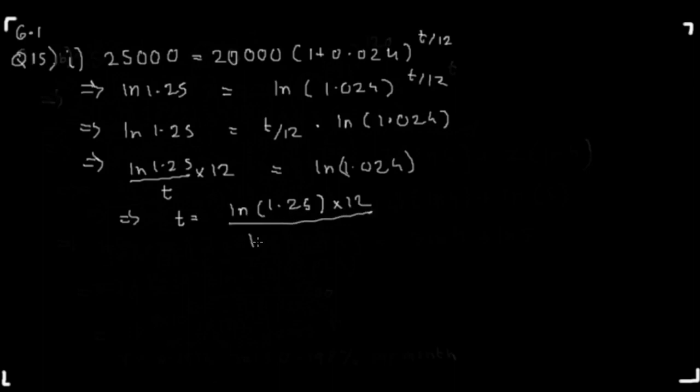Then divided by ln 1.024. So t, just do this in the calculator, is 112.905 months. Then you round this up. Since it's not years, you can round it. This is already rounding up, so it doesn't matter. So months.